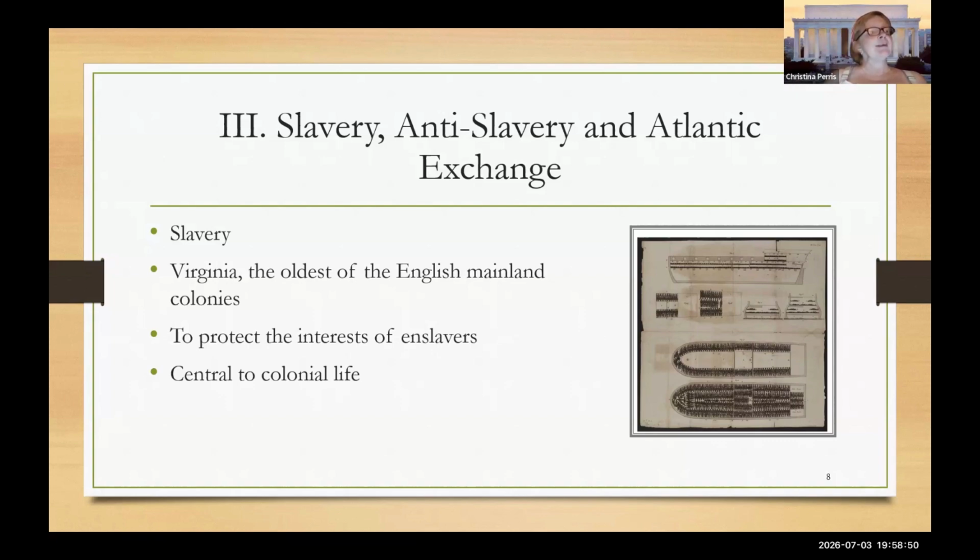By 1750, slavery was legal in every southern North American colony, but local economic imperatives, demographic trends, and cultural practices also contributed to distinct colonial variants of slavery. Virginia, the oldest of the English mainland colonies, imported its first enslaved laborers in 1619.